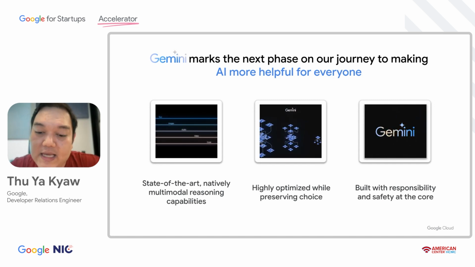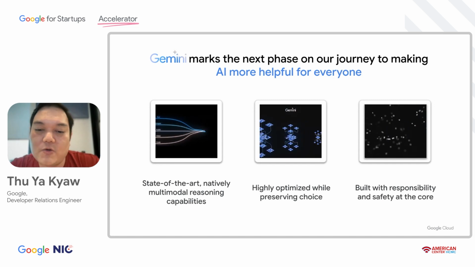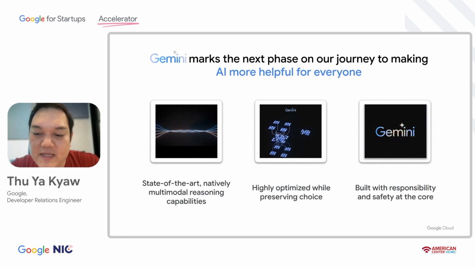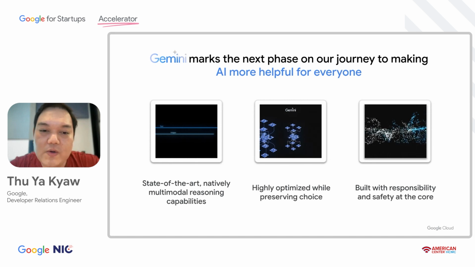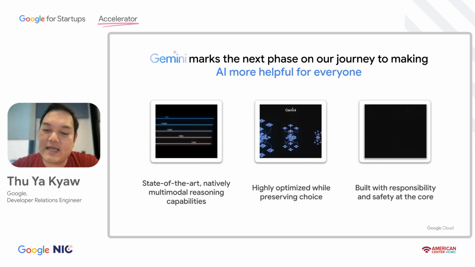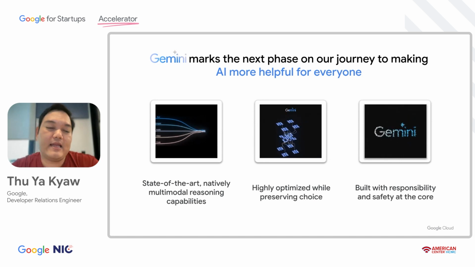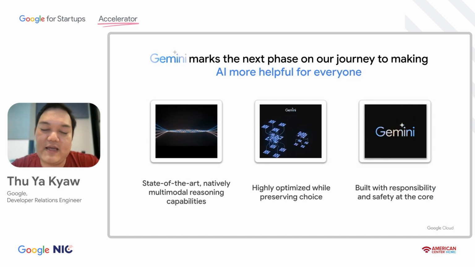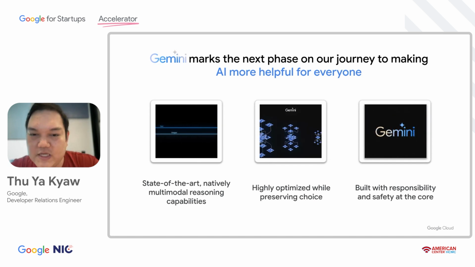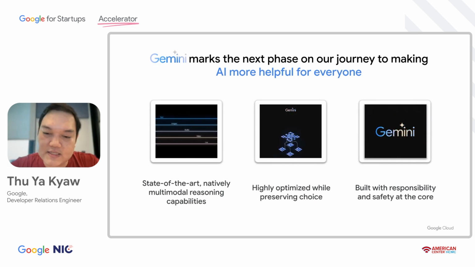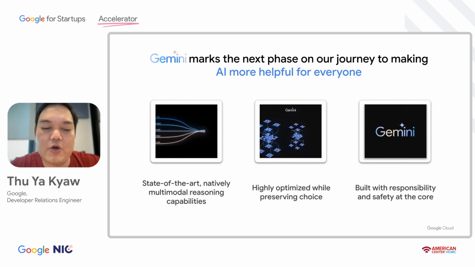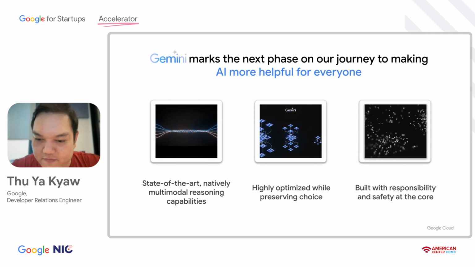If you want a chatbot, we have gemini.google.com. If you want to play around and try prototyping, you have Google AI Studio. If you want to create an enterprise solution that can scale, you have Vertex AI Studio. And for Gemini itself, you have Gemini Flash, Gemini Pro, Gemini 1.5, Gemini 1.0, and so on. There are a lot of choices, and you can pick the ones that are helpful for your business or the use case you want to solve.